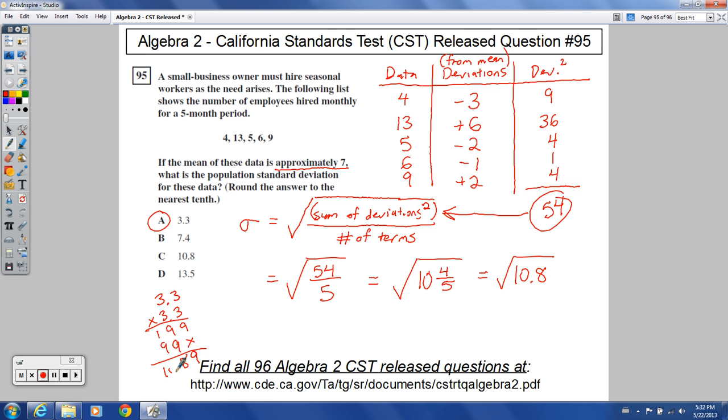You'd carry the 1, you'd have 10.89, very close to this value right here. There's going to be some rounding error since we don't have calculators. We can't figure these things out exactly. But you can see 3.3 times 3.3 is very close to 10.8, and the square root of 10.8 is what the standard deviation is. So the answer for number 95 should be choice A.